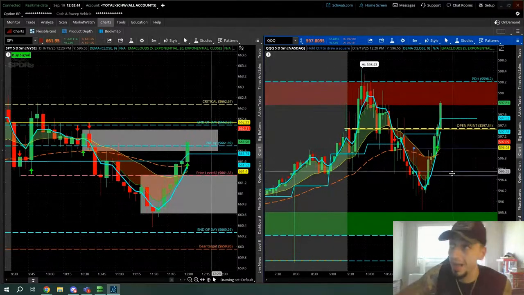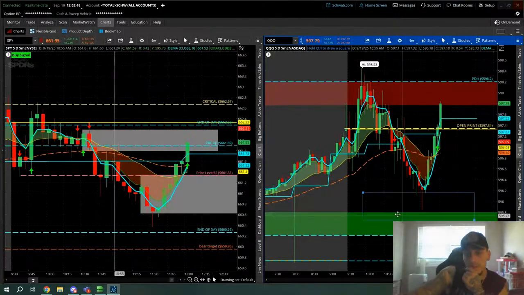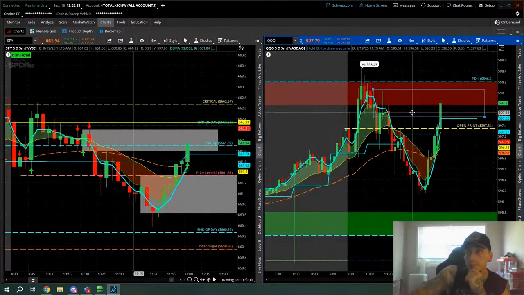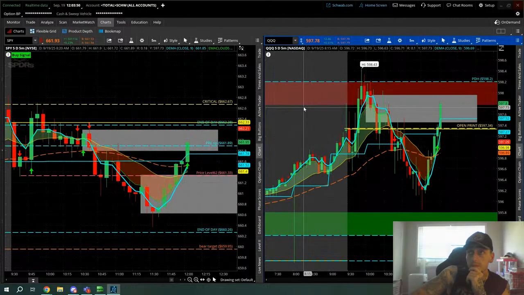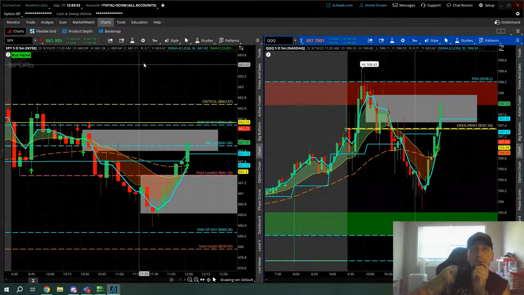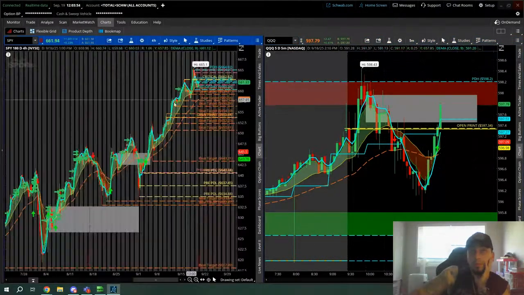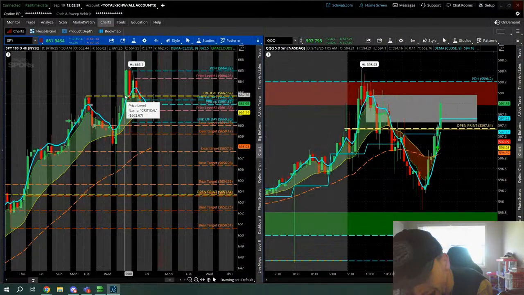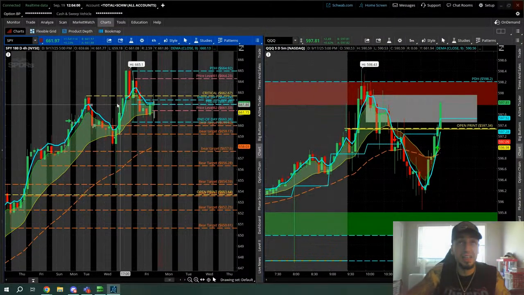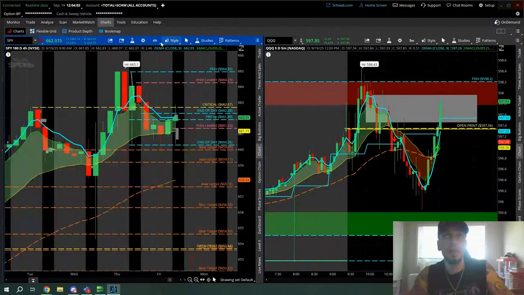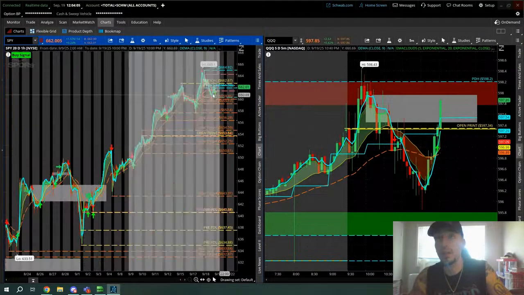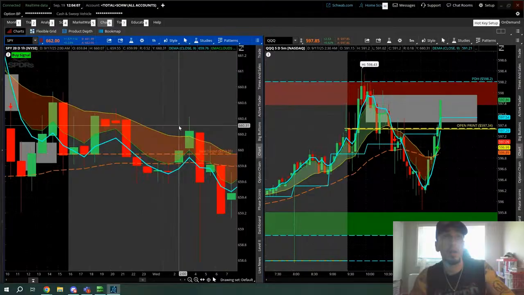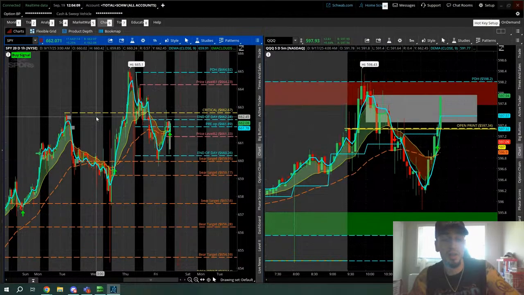Rallying into supply. 6.7 on SPY is very key. Let me just do it on the 1 hour here. This is probably an upside target right now.